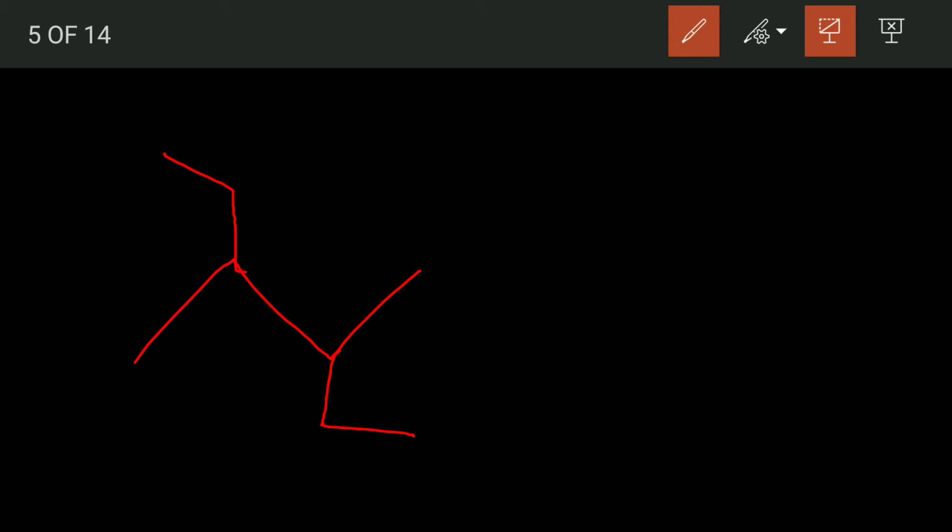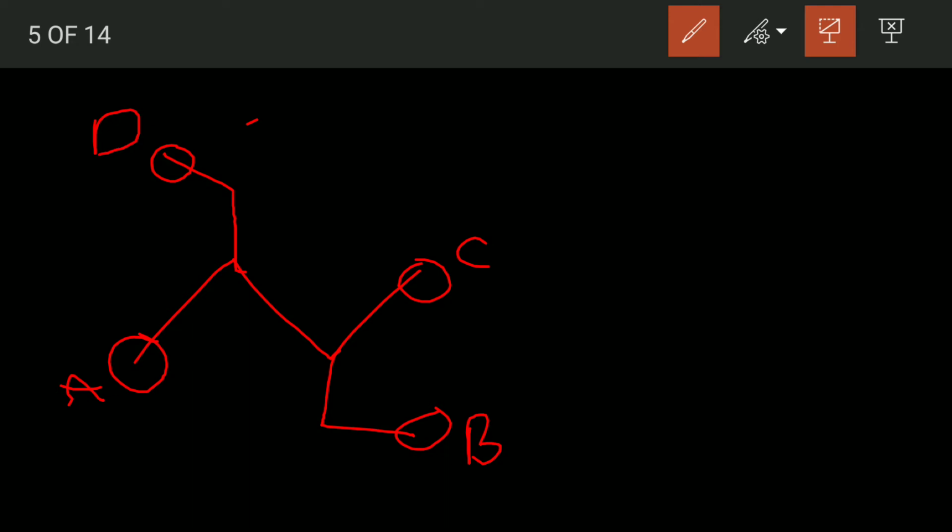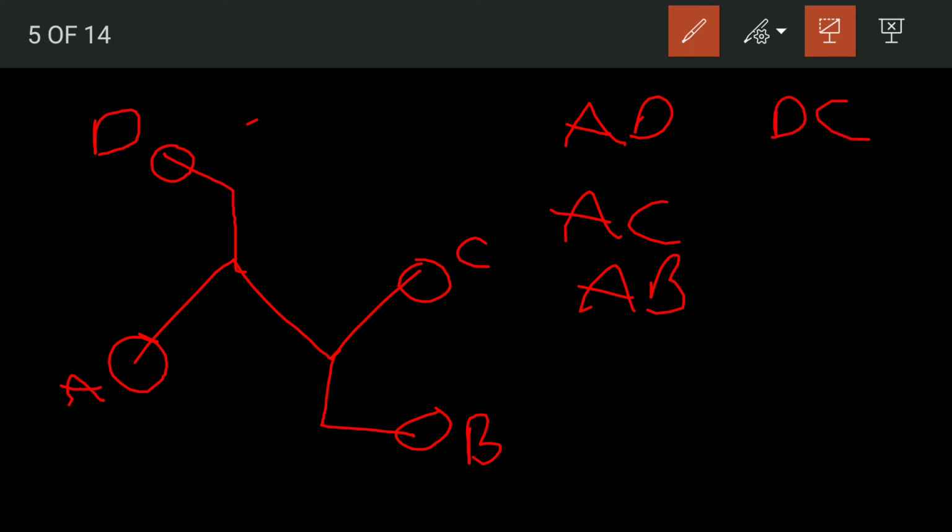For finding the parent chain, first of all, as you are a beginner, mark all the corners. So here we have 4 corners, let's say A, B, C and D, right? So I have 4 corners, and now what all are possible? AD is possible, AC is possible, AB is possible, DC is possible, and DB is possible, right?